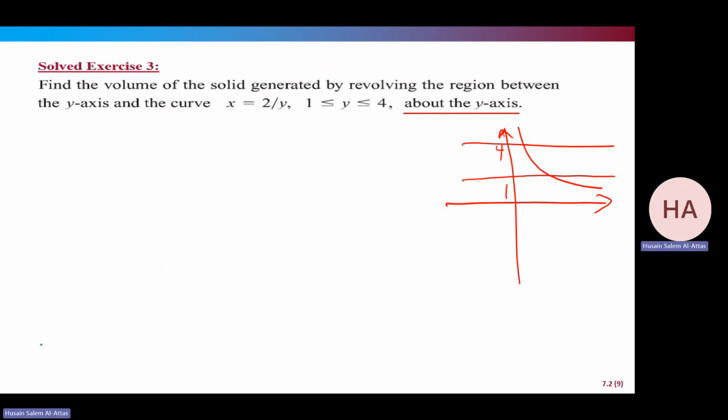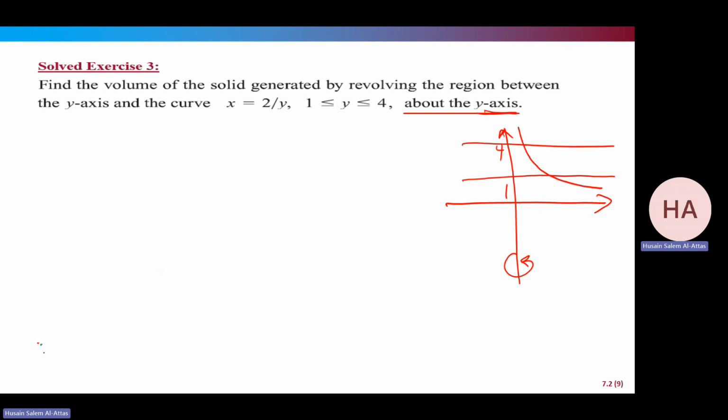And I'm making the rotation about what? The y-axis. This will be my axis of rotation. Okay. So since y-axis, I'll deal with it in y. Usually I will make the line perpendicular to the axis of revolution. So I have this. This will be r of y.